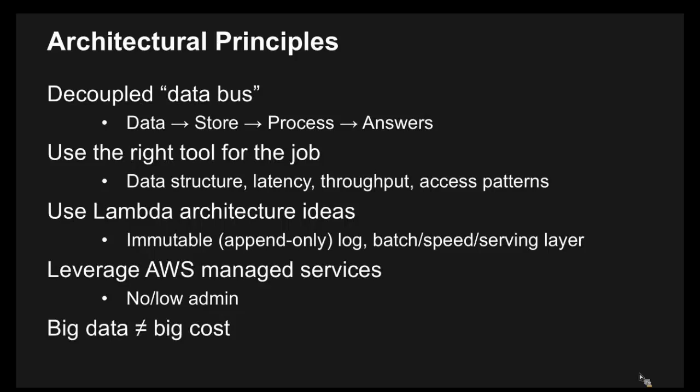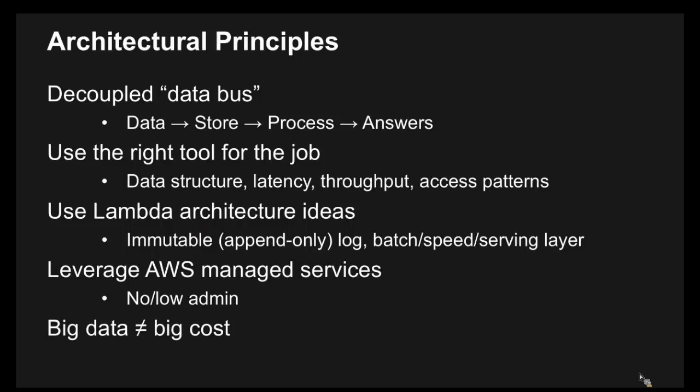Third, the Lambda architecture is a very tried and tested pattern in big data. The Lambda architecture is becoming slightly old, but the fundamental principles hold. In other words, when you're building a big data pipeline, keeping an unaltered or immutable log of data that comes in is going to be fairly important, because in many cases you don't know what you'll be looking for, and therefore having the original data in the format that it came in is going to be paramount.